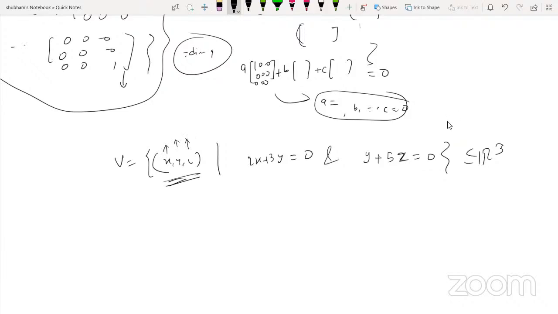Any real number. Okay. -3 and 2. I'm only giving you the x and y values, -3 and 2. And z, what will z be then?